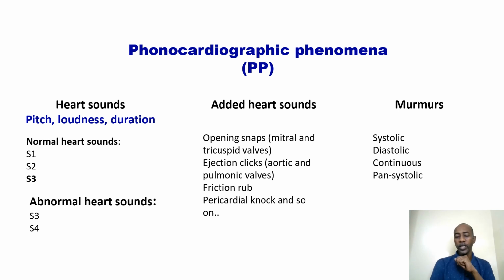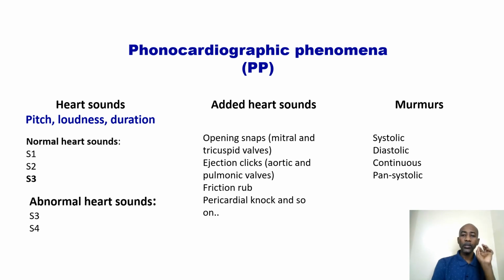Okay, we're back to this slide again, and we show the phonocardiographic phenomena, and we start commenting about the heart sounds, the S1 and S2, whether or not there is S3 and S4, the pitch, the loudness, and the duration. Then we move on to the next category, which is the added heart sounds.